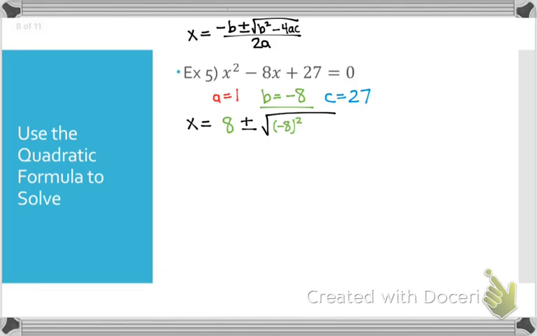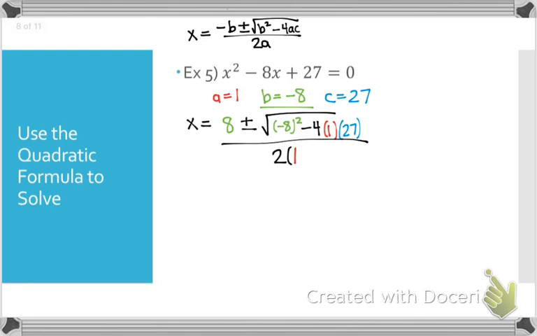And we're going to subtract 4 multiplied by a, which in this case is 1, and multiply that by c, which is our 27. And this is going to be all divided by 2 times a, which in this case is 1.